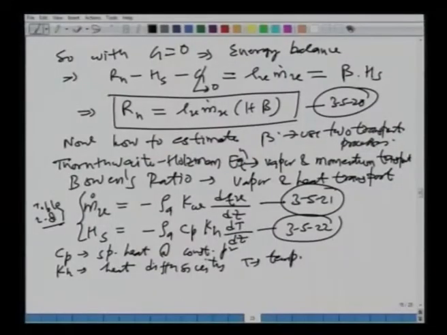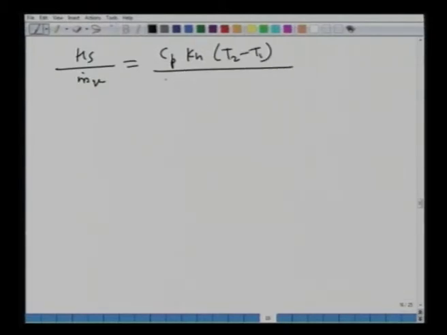All right. Now, what we do is we consider the two planes at z 1 and z 2, all right, and do a very similar analysis. Okay. That is, you will have H s over m dot v. You take these two equations, divide each other, what you will have is this C p k h T 2 minus T 1 divided by k w of your q v 2 minus q v 1.